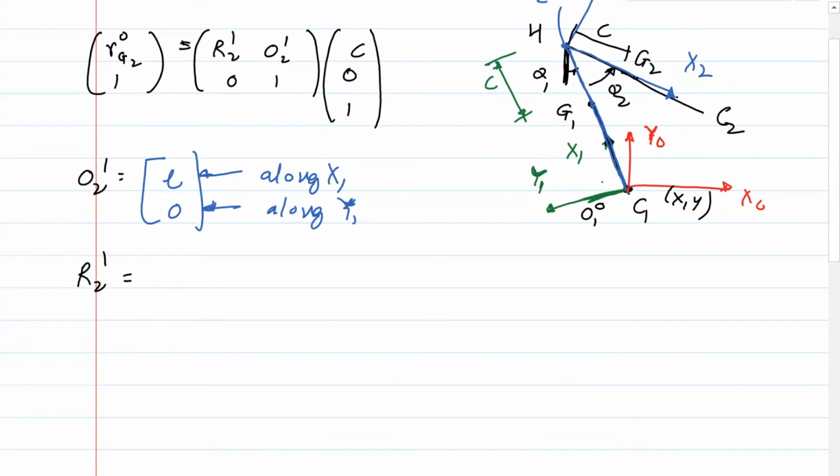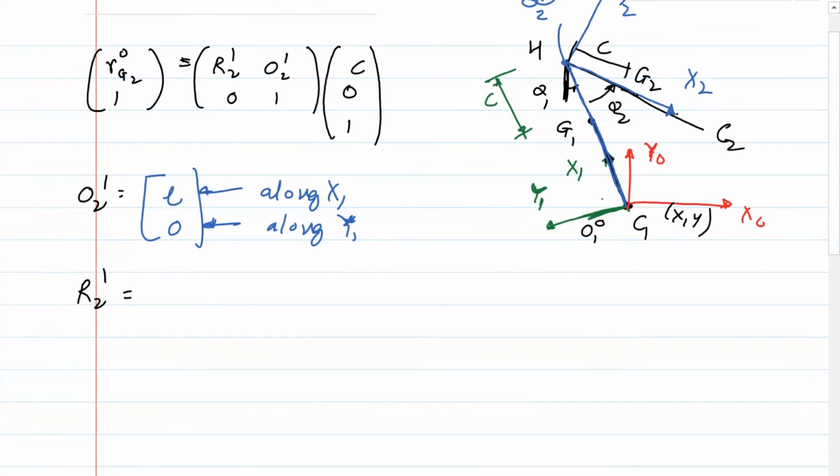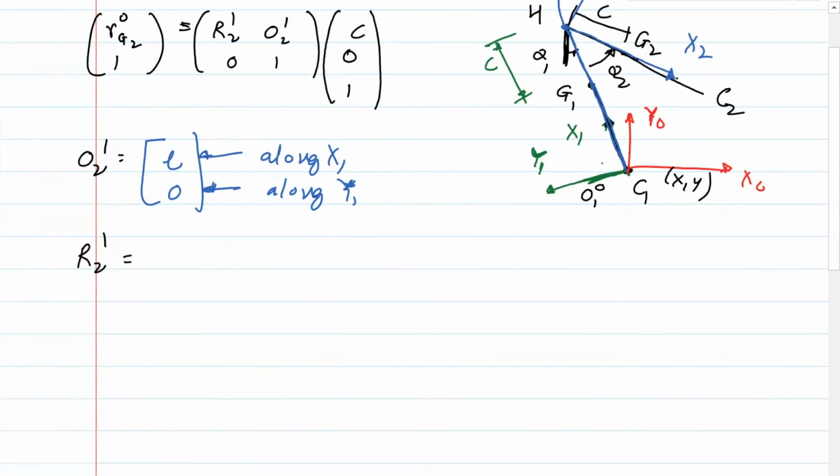Okay, then we need to find R21. R21 is basically the angle made by frame 2 with frame 1. So let's just draw those frames. So x1, you can see over here, is upwards. x2, as you can see, is this way, in the blue. So let me draw blue.